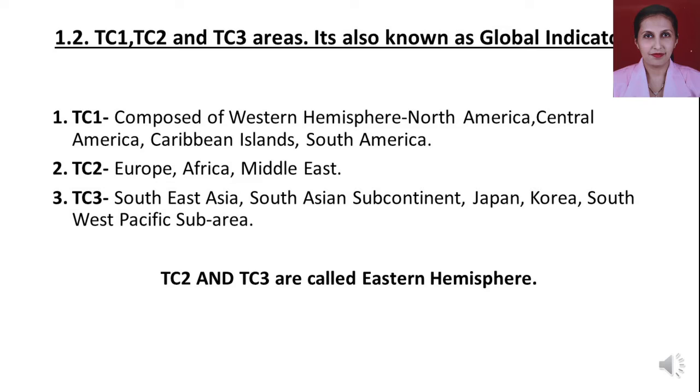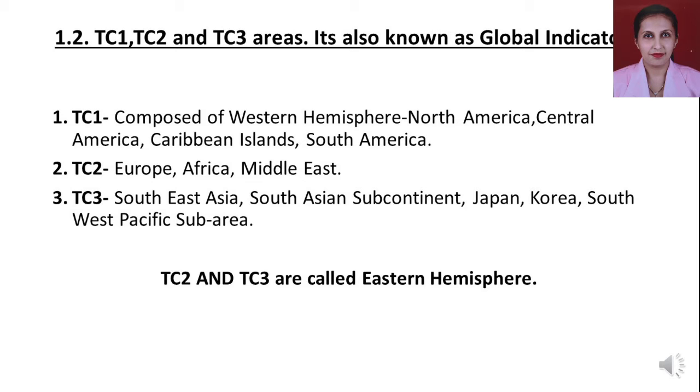These areas are also known as global indicators. I repeat, the categories as per aviation that the world is divided into are 3 parts, that is TC1, TC2 and TC3 areas. So let us learn about TC1.